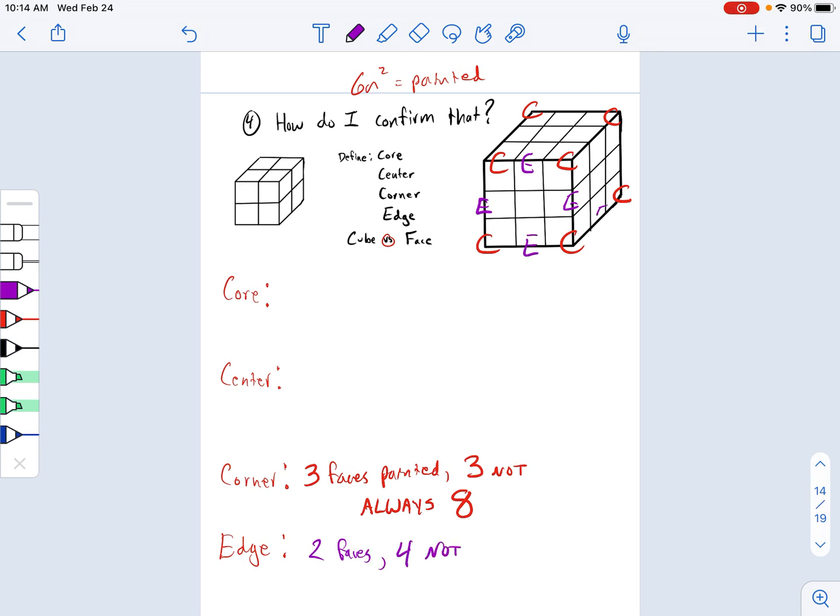And so the question is, how many edge cubes do I have? Let's just talk in a 3 by 3 cube. So I have this cube, this cube, this cube, and this cube. This one, and this one, and this one, and this one, and this one.